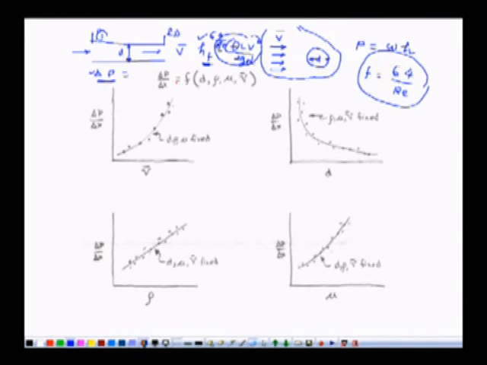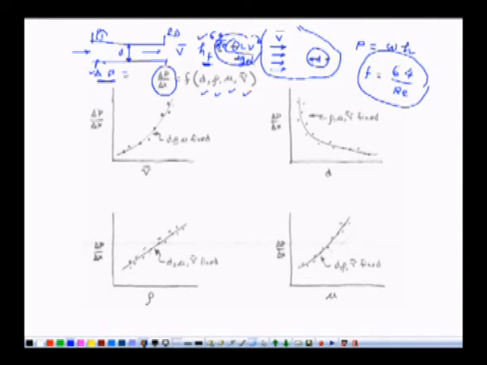So, this is written here, del P over del X is equal to a function of... What is del X? Del X is the distance in the axial or longitudinal direction. Del P over del X is a function of the diameter of the pipe, density of the fluid in the pipe, viscosity of the fluid and average velocity, right.